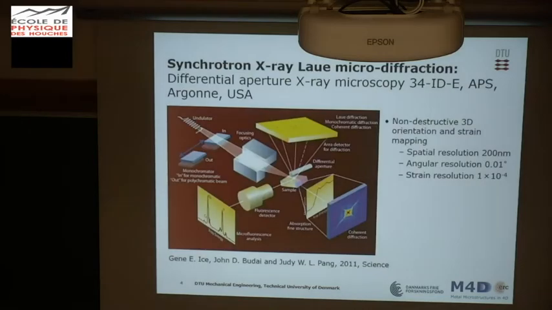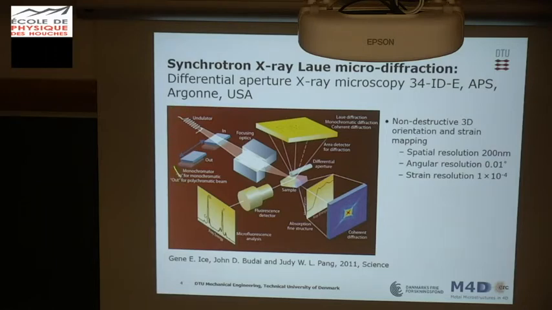At about the same time, another family of 3D techniques was developed at APS, the Advanced Photon Source, by the Oxford group and the APS group. It's called X-ray Laue microdiffraction, and we can have voxel-based crystal orientation information.